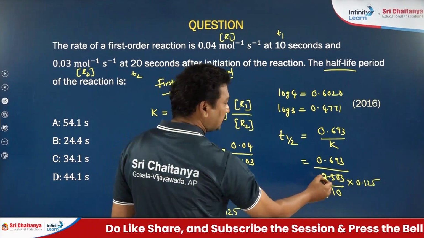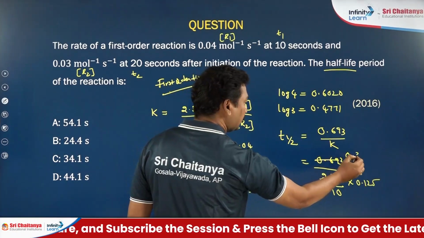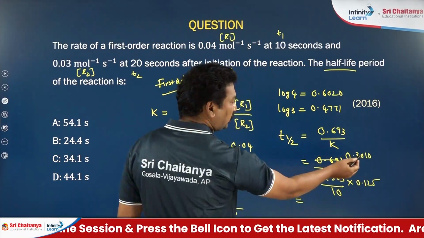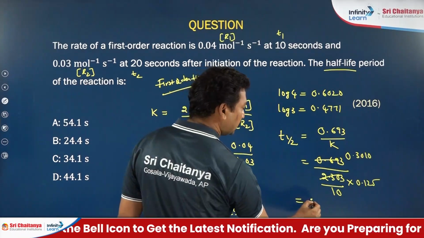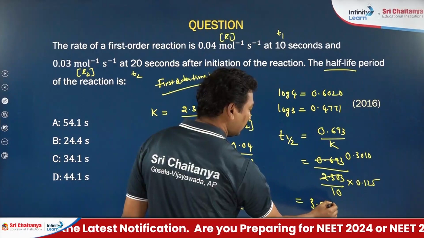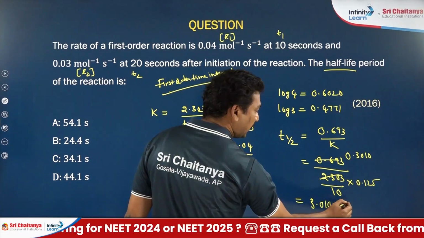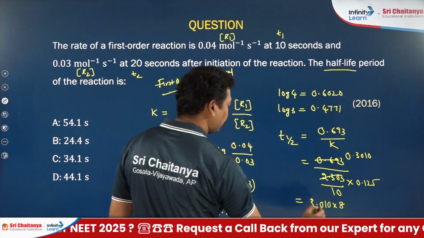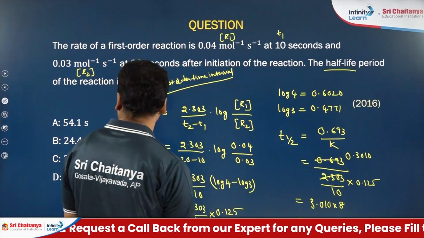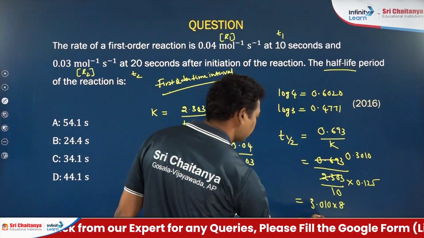And 0.693 by 2.303 is 0.3010 times. And 10 into 0.3010 is 3.010. This is 1 by 8, so in the numerator it becomes 8. And its answer would be 24.4.